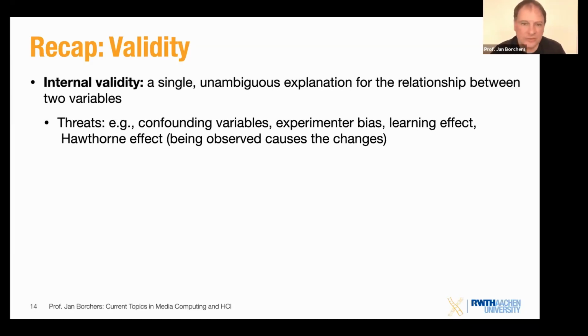Learning effects are another thing that can threaten your internal validity. We already talked about those. Or the so-called Hawthorne effect, which is that just by observing, you might change behavior. It sounds a little weird, but it actually happens quite frequently.